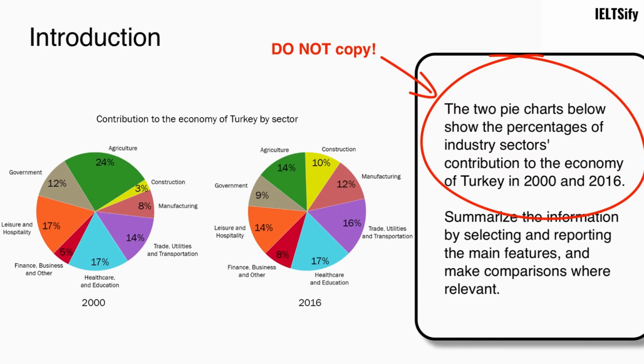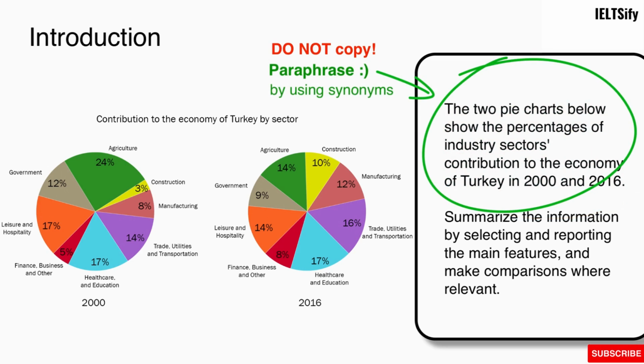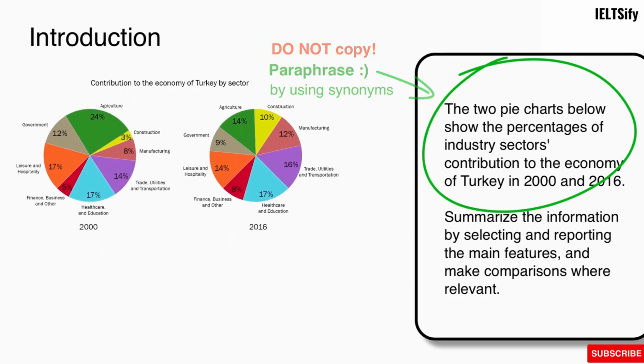Instead of writing, the 2 pie charts below show the percentages of industry sector's contribution to the economy of Turkey in 2000 and 2016, we should write a paraphrased version of this sentence by using synonyms. And here is how I wrote it.